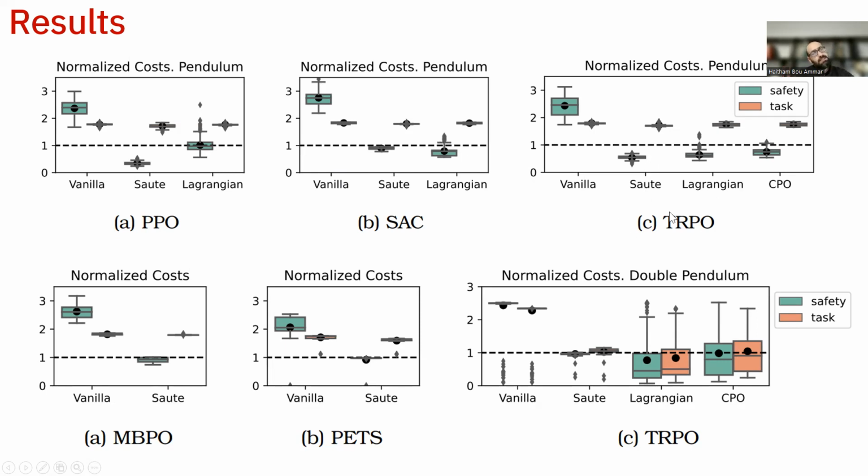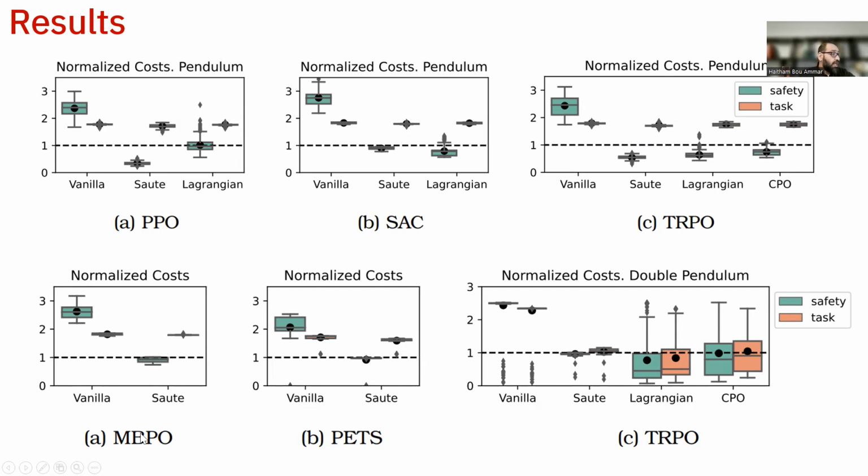This can also be seen in TRPO, where we also ran CPO. Now you can see that Saute gets below the budget for sure, with a good value of the standard cost. While the other algorithms get a good value of the standard task cost, they can actually violate the budget as well.